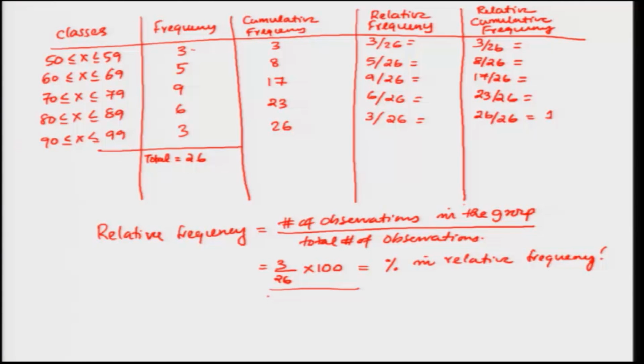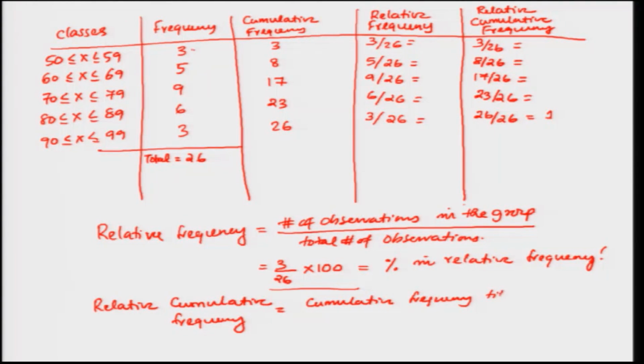So, the relative cumulative frequency is the cumulative frequency till the group divided by the total number of observations.